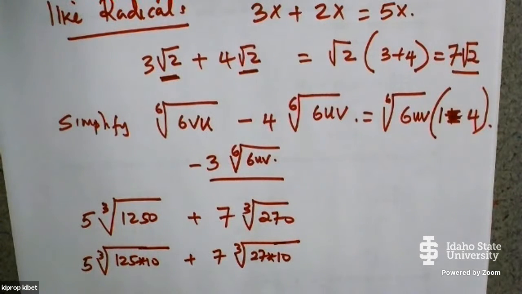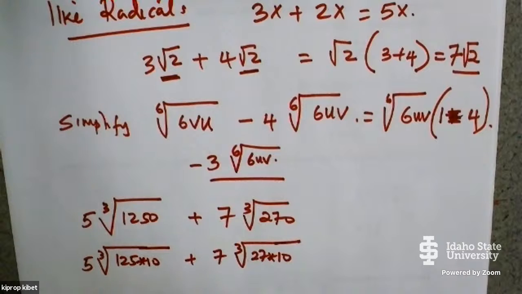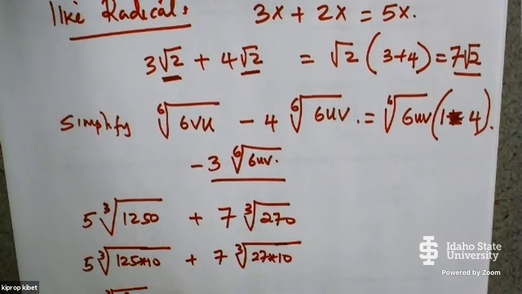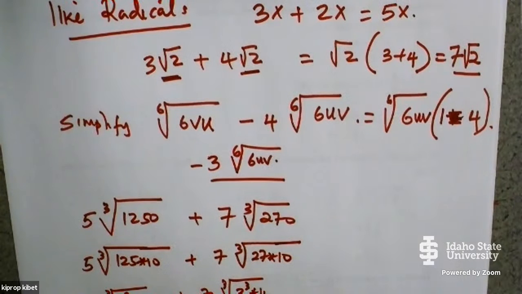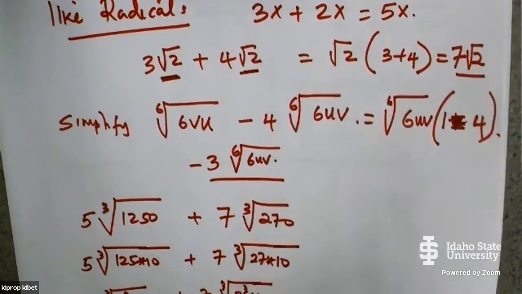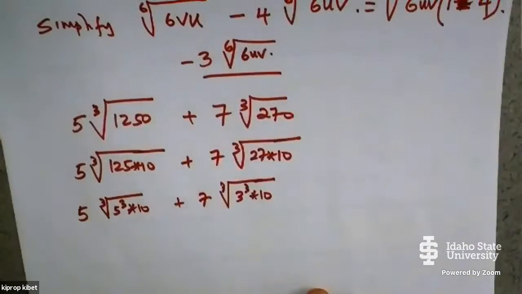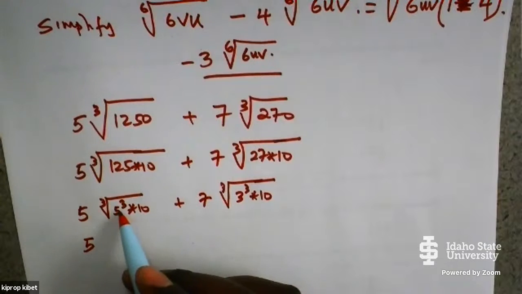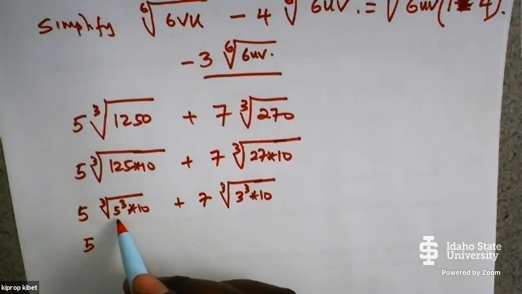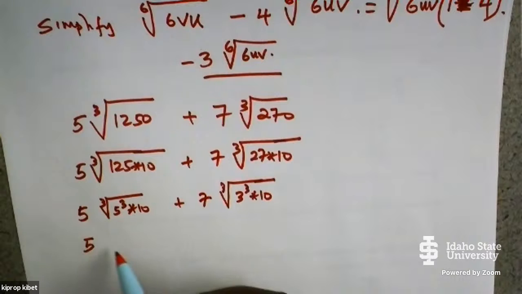Therefore, it will now be 5 the cube root of 5 raised to 3 multiplied by 10 plus 7 the cube root of 3 raised to 3 multiplied by 10. Then when you simplify the two of them, the cube root will cancel that one.